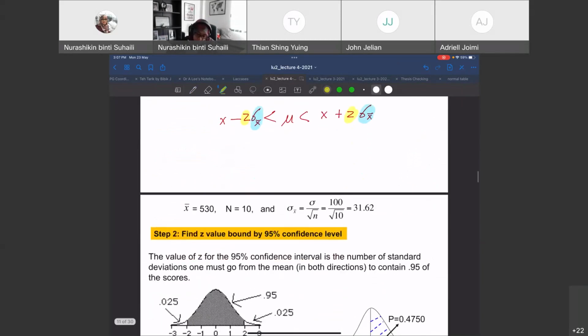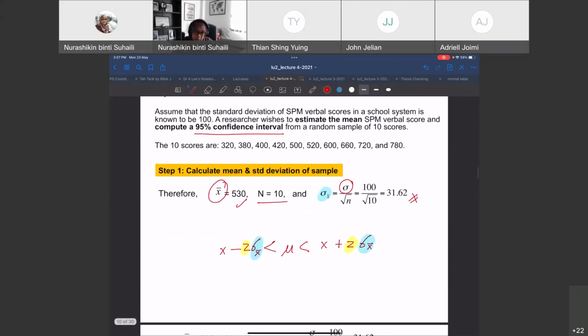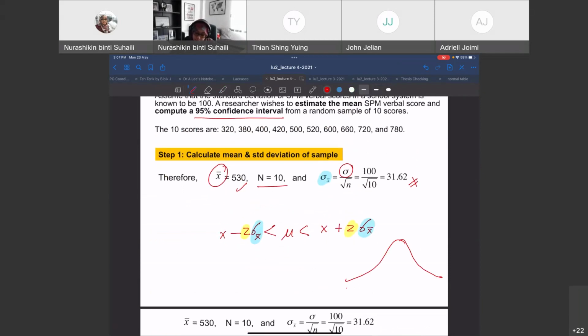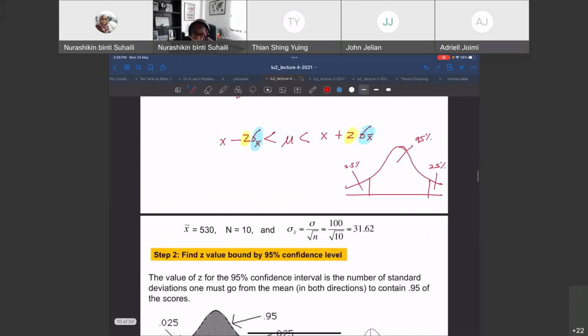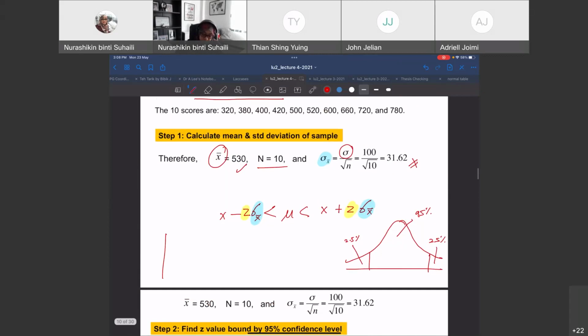Now we have the information of 95%. So you assume the distribution is going to be here, 95%. Obviously this one is 2.5% and this one is 2.5%. We have to find the z value. If you relate it with the standard normal distribution, let's solve for one side.